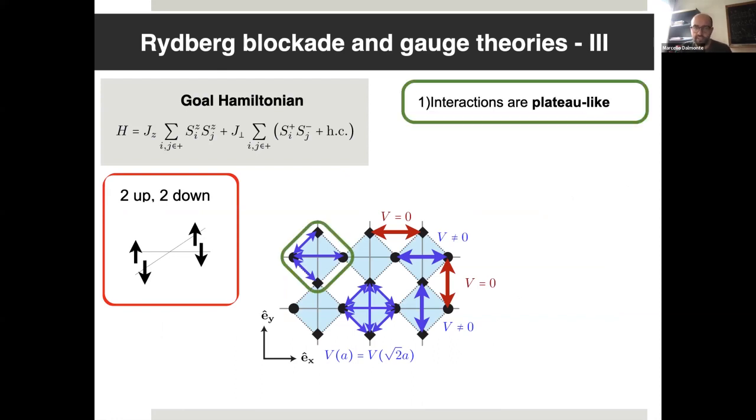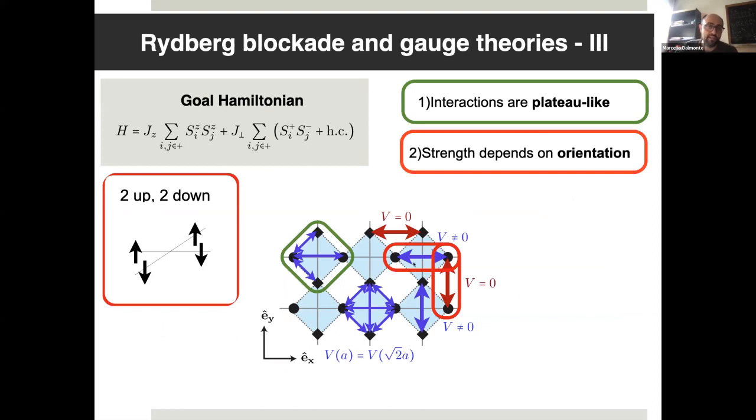And it is very complicated, because already for the case of spin ice, you need to introduce very different types of interactions. They have to be plateau-like because, for instance, the interaction at a given distance a in this model has to have the same value as the interaction at distance square root of 2 a, which is not so easy.